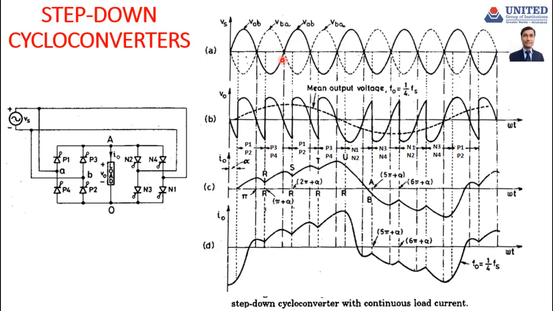At omega t equal to pi, P3 and P4 would be turned off. Due to the presence of inductance, the conduction of P3 and P4 will be extended up to 2 pi plus alpha. Here the conduction angle for P3 and P4 will be pi.